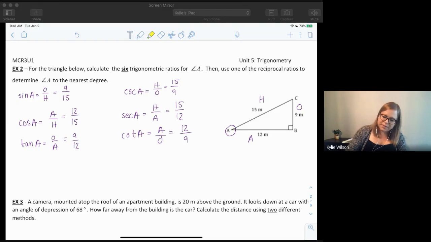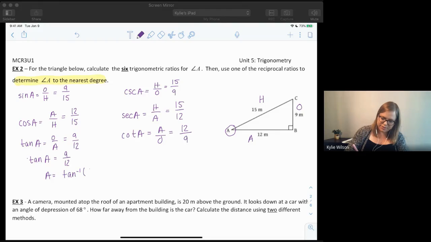Now the last piece of the question is to determine angle A to the nearest degree. I'm just going to use tan because it has the most space under it. So I have tan A equals 9 over 12. So 9 over 12 represents tan A, but I just want angle A. So to do that, we have to undo the tan.